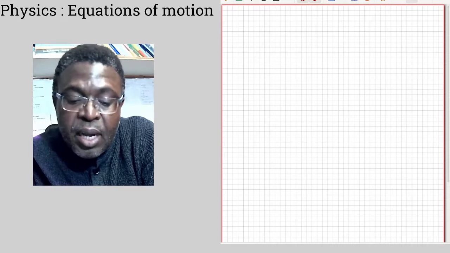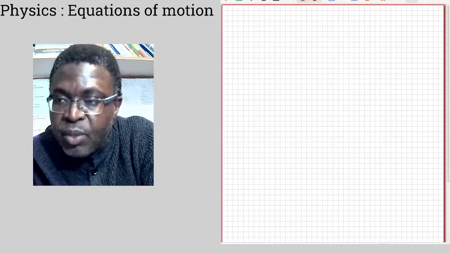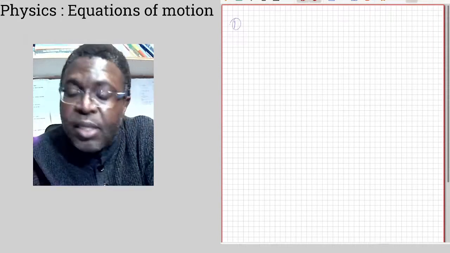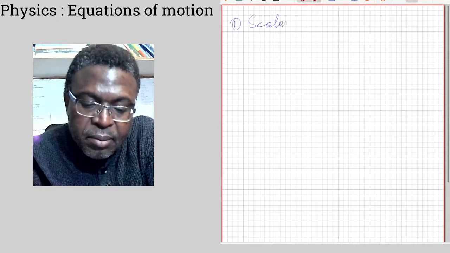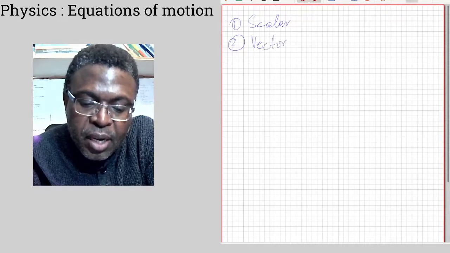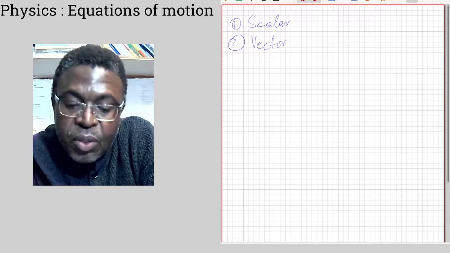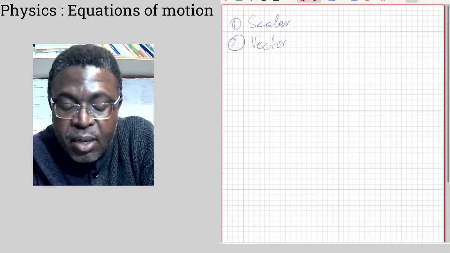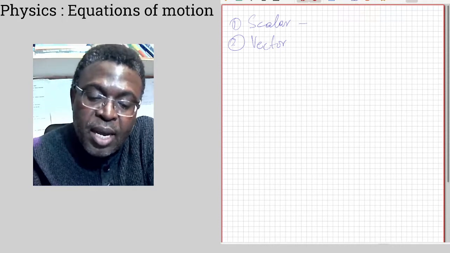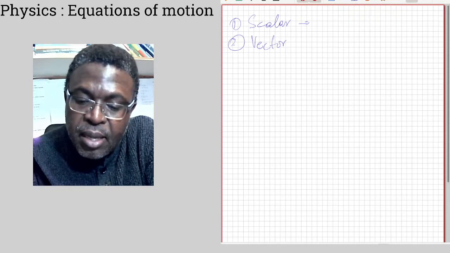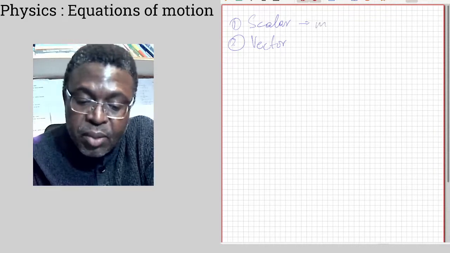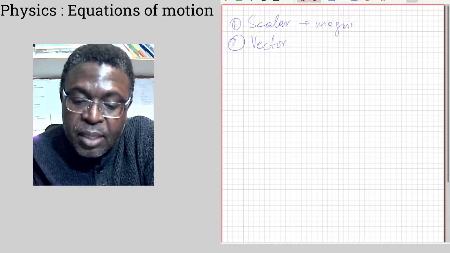But before that, I first want to remind you of two things. Number one, it is scalar. Number two, it is a vector. So you've got to have a clear understanding of these two concepts, scalar and vector. A scalar is anything with size, magnitude. It has got magnitude.